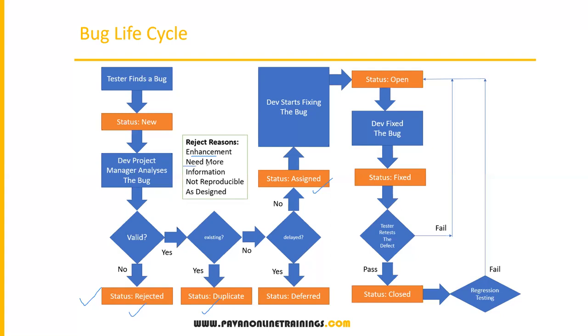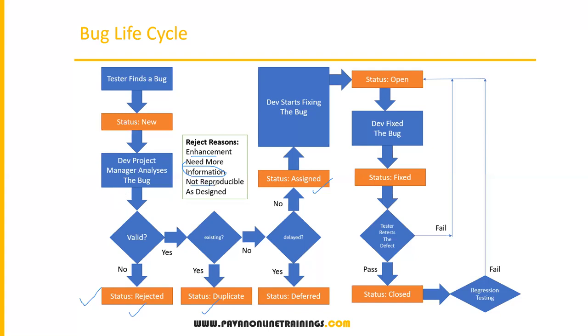And sometimes they need more information. Sometimes the information you provided to the developer related to the defect is not enough to understand the defect and not enough to fix the bug. In that case also, the developer may reject the bug, or ask for more information. And another reason is not reproducible.